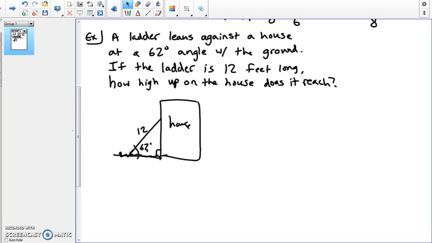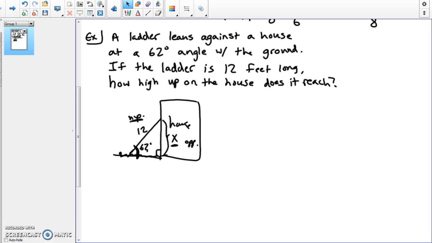Okay. The question's asking, how high up on the house does it reach? So we're talking about what is the height that it goes up the side of the house. So we can see from this right triangle, we're going to need to relate the opposite side to the angle and the hypotenuse side to the angle. The angle obviously being the 62 degrees down here.